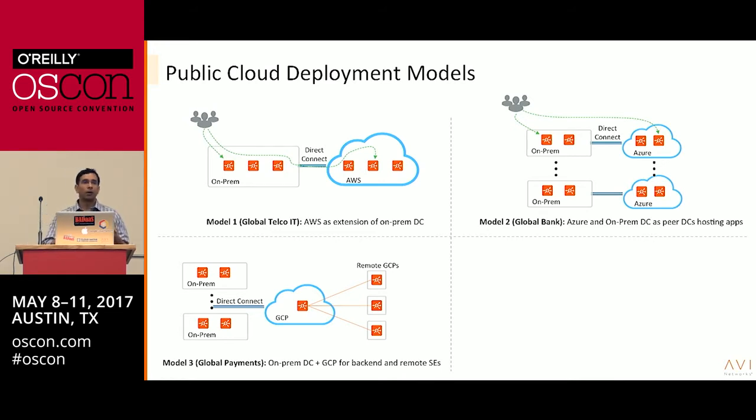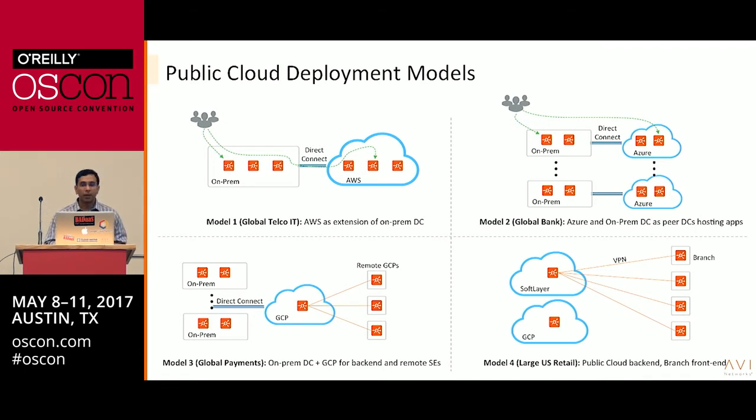The closer your TCP connection gets terminated to you, the faster the responses that you will see. Another example here is a payments provider who is using GCP's regions as POPs, almost, to terminate client connections as close as possible across the world. Another pattern is, for example, retail.